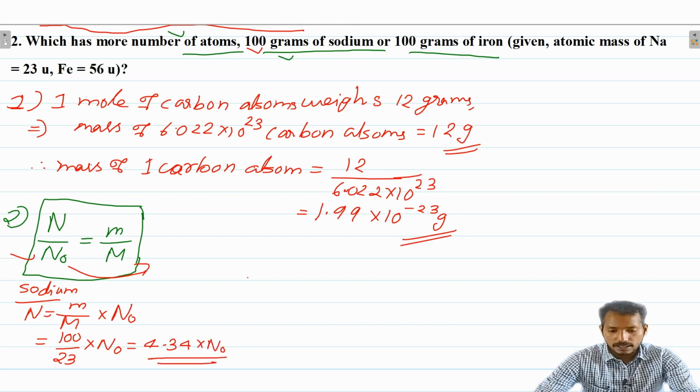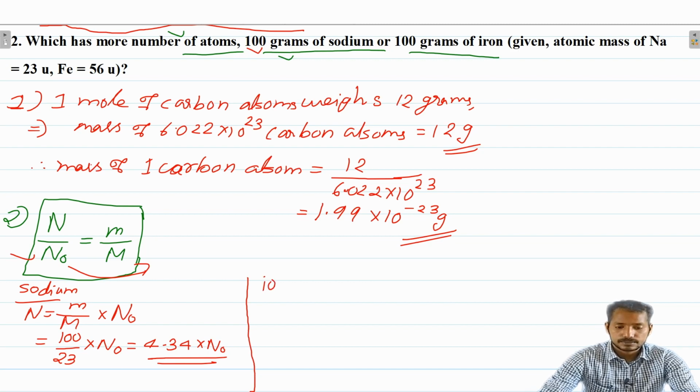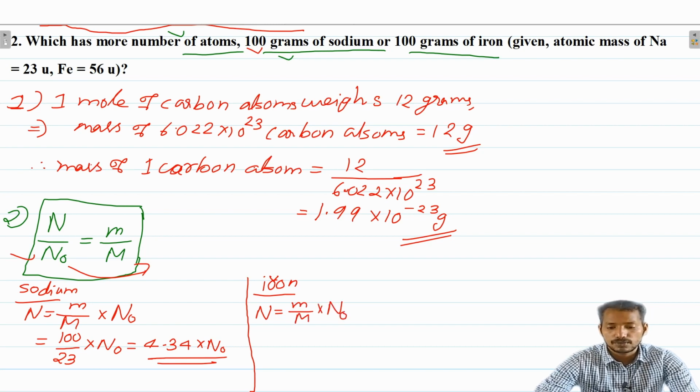Similarly, next we can take iron. In this case, N is equal to the given mass divided by the molar mass into N0. The given mass of iron is also 100 gram.